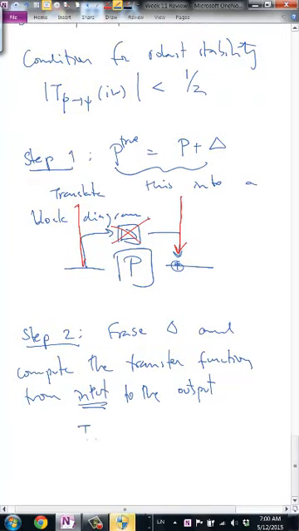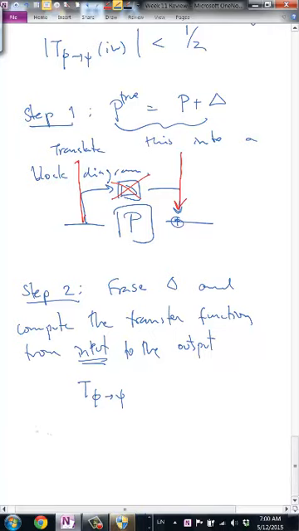This is the transfer function T from phi to psi, and then we finally just use it in the condition T phi to psi of i omega is less than 1 over delta of i omega.